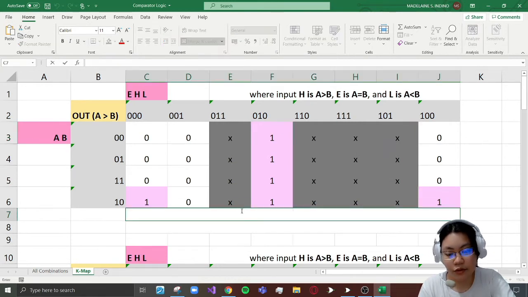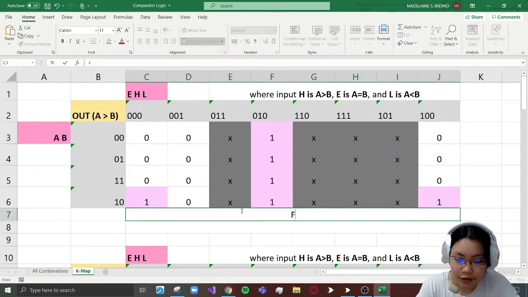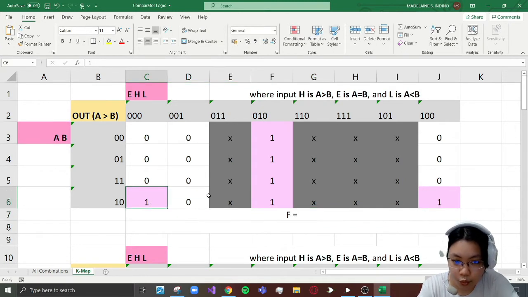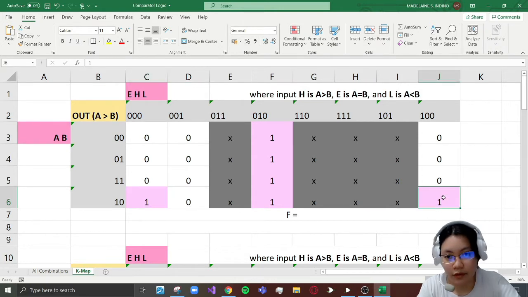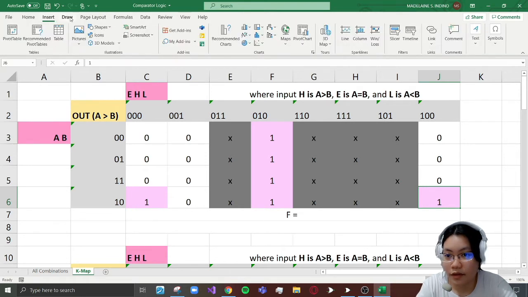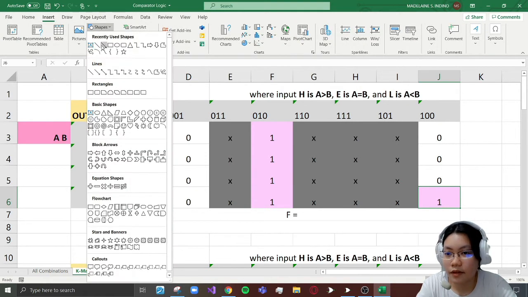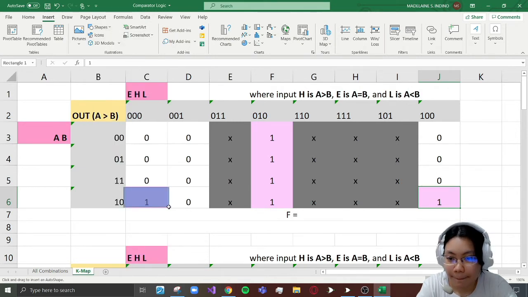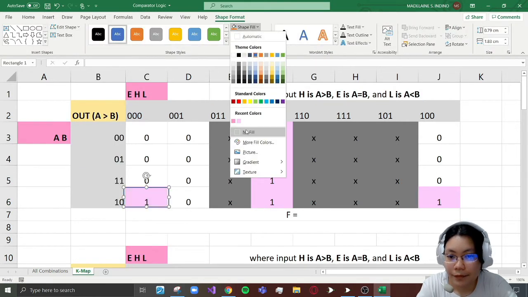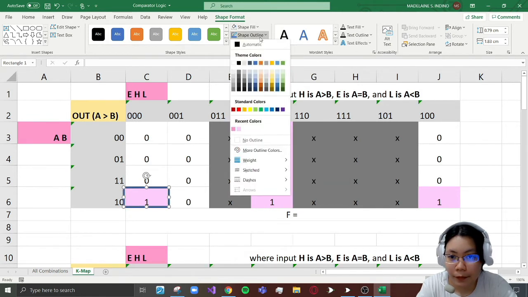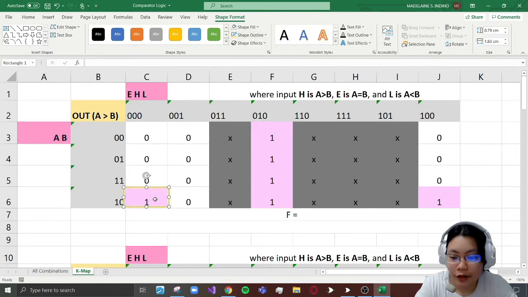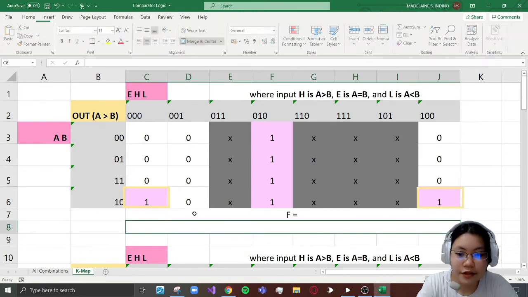So therefore, they are considered as don't care outputs. Moving on to our Boolean expression, our first group will be these 2. So we can see that for these 2, let's put a box around them. For these 2, and they are considered as one group.